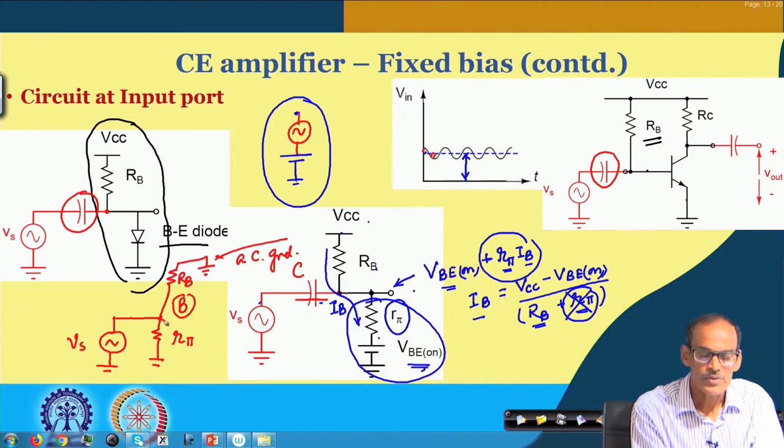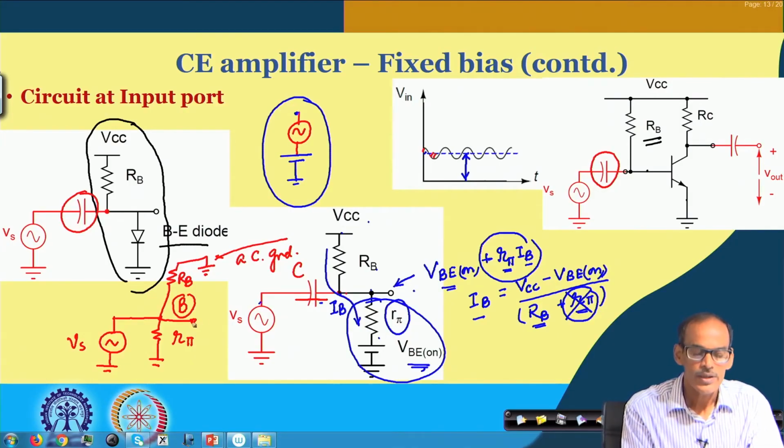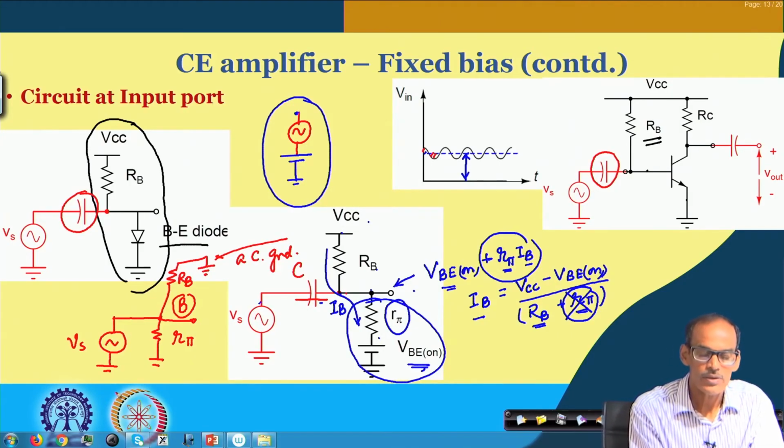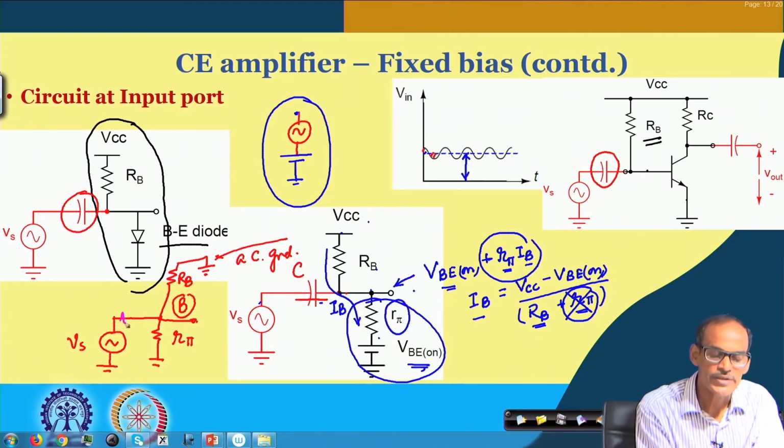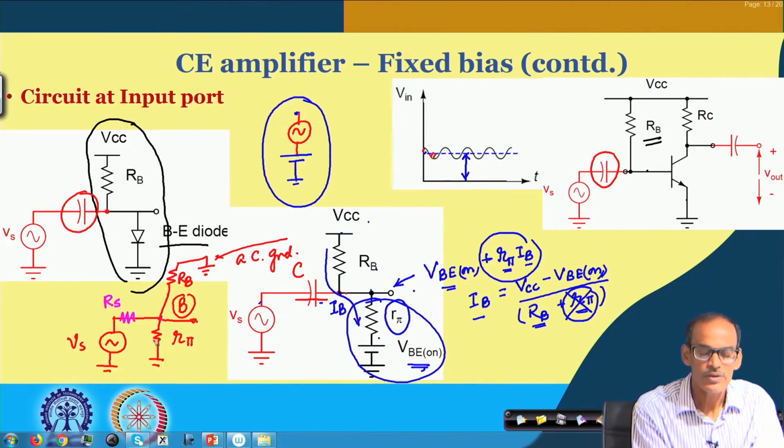And so that is the voltage coming to the base terminal. Here the signal across this R pi will be the same as Vs, but if I consider a practical source resistance, say Rs, then of course the voltage here will be slightly different.